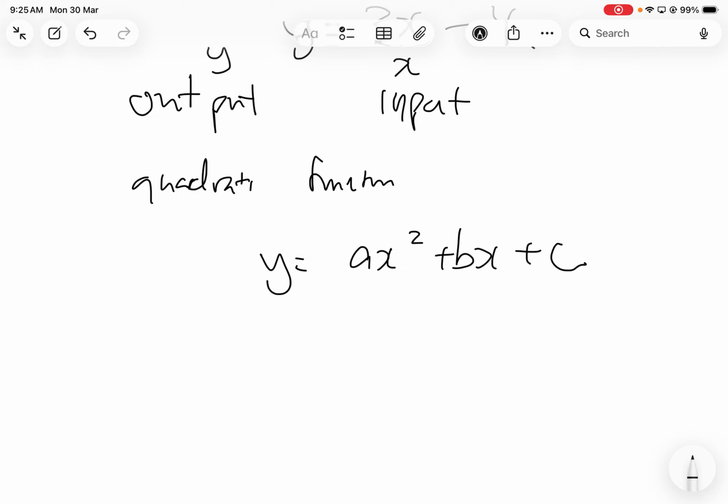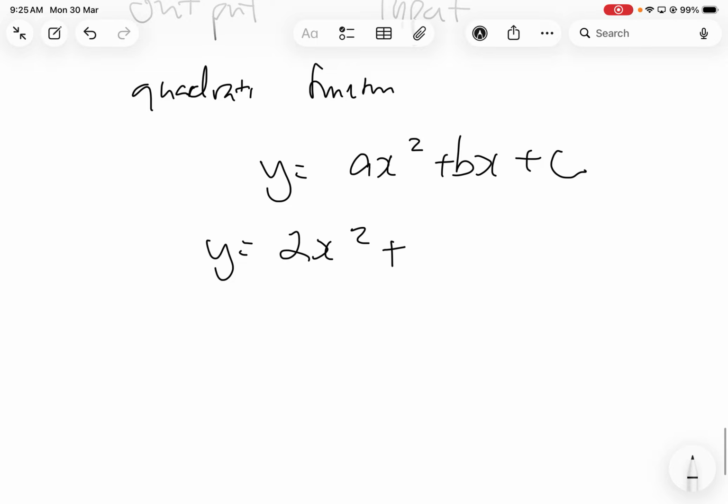So my quadratic function will look something like y equals to 2x squared plus 3x minus 5 maybe. So this time on your right hand side, there will be an x squared term, there will be an x term, there will be a number term. But the relationship doesn't change. We are still going to change the value of x to get a value of y.